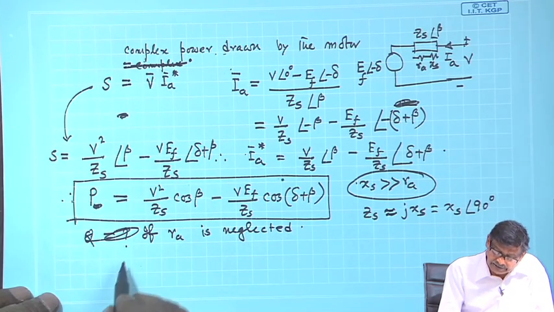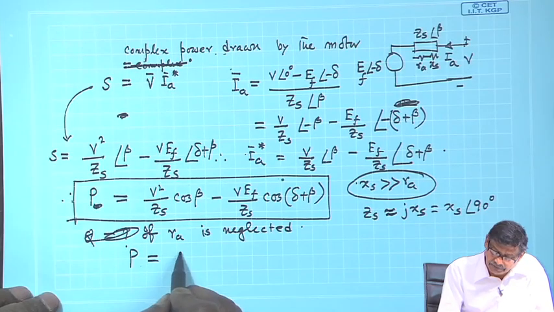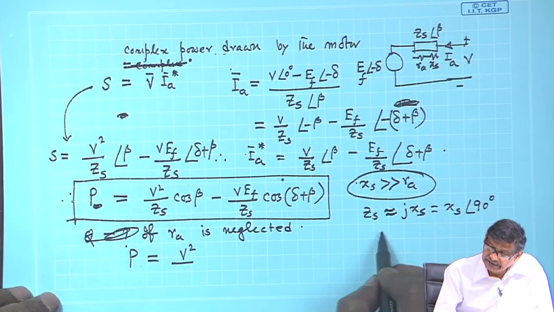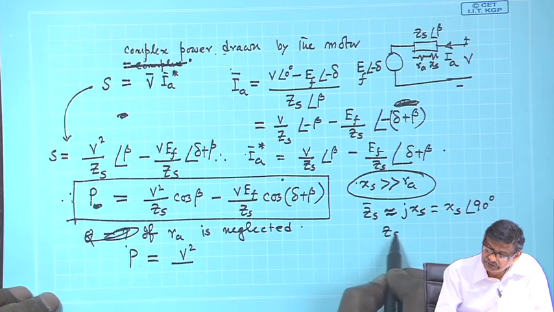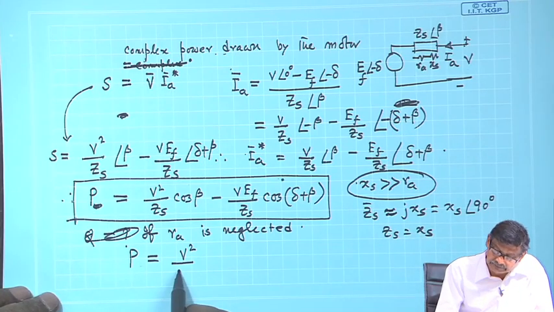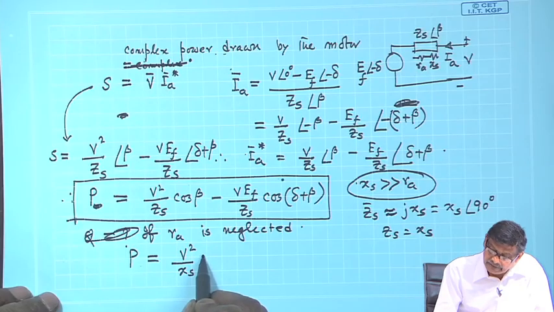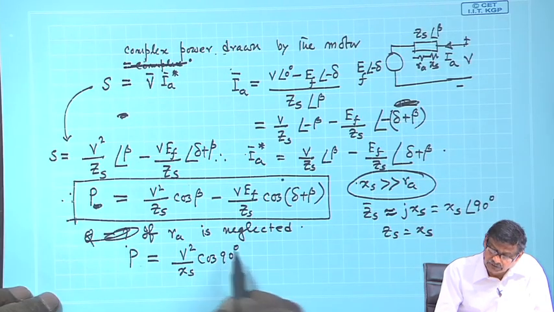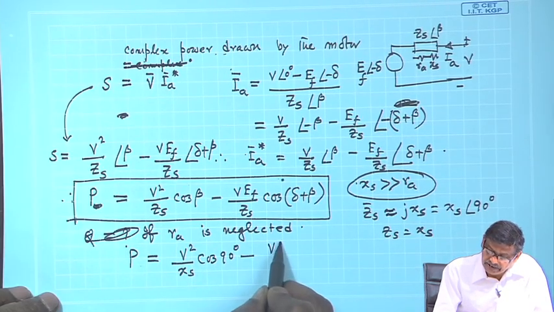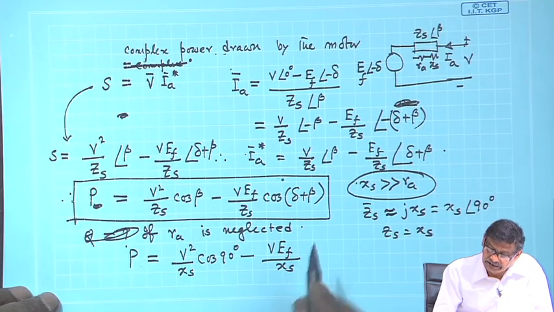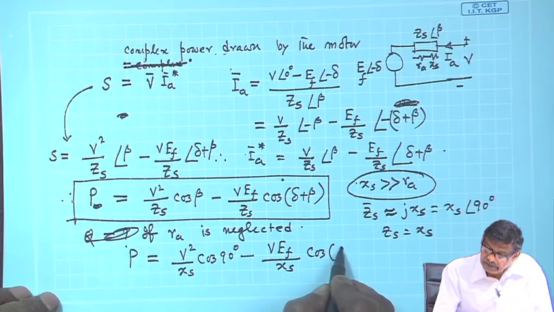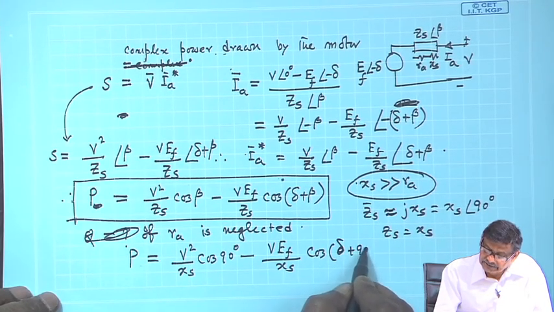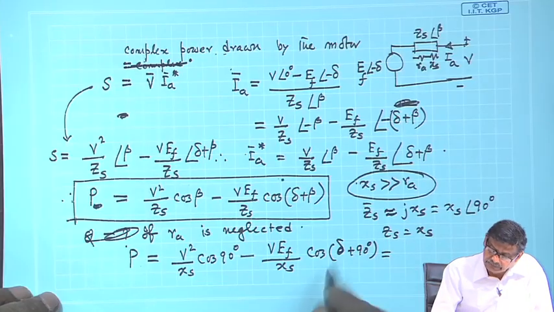then the power drawn will be V square by Z s, whose magnitude will be only X s. So, V square by X s and cos 90, this fellow goes, and minus V EF by X s, magnitude of Z s, into cosine of delta plus 90 degree, and cos of 90 plus delta is minus sin delta.